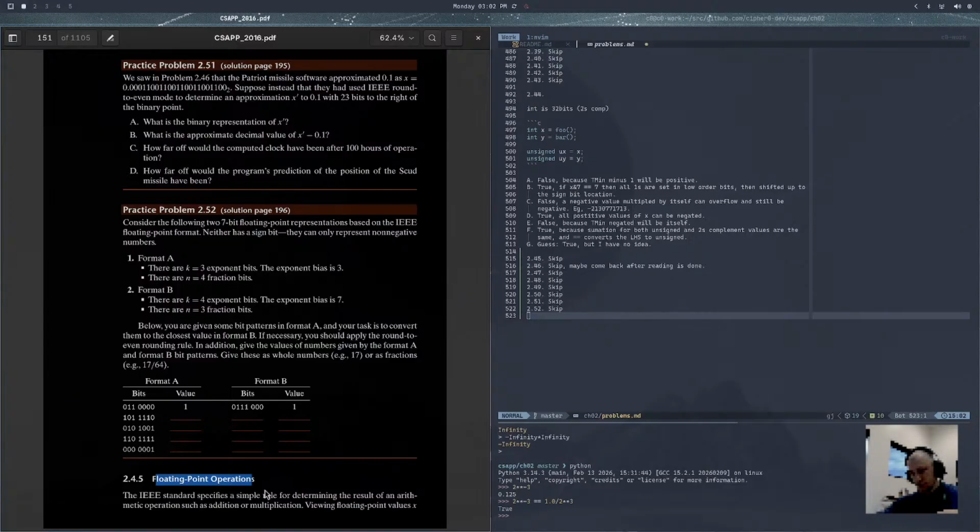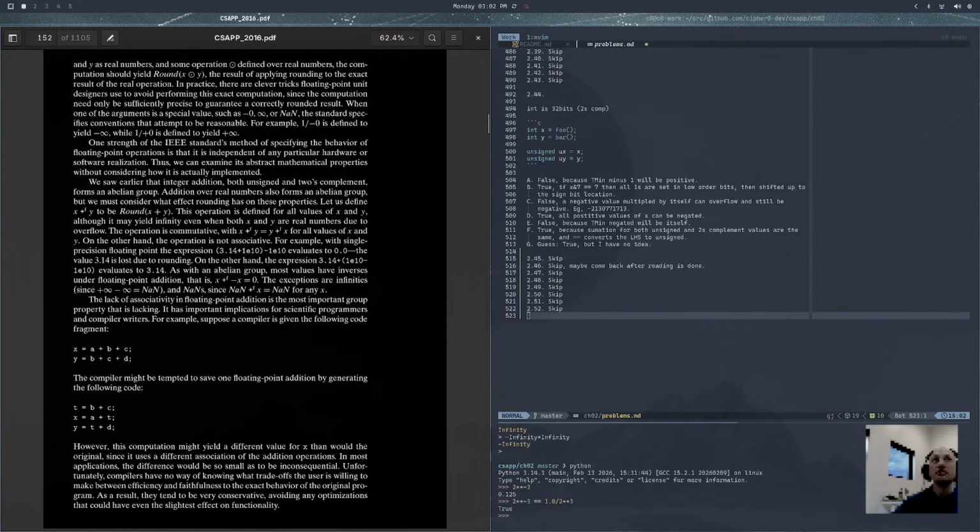I only have about 4 pages left on floating point, so we're almost done with it. The IEEE standard specifies a simple rule for determining the result of arithmetic operations, such as addition or multiplication, viewing floating point values x and y as real numbers in some operations defined over real numbers.